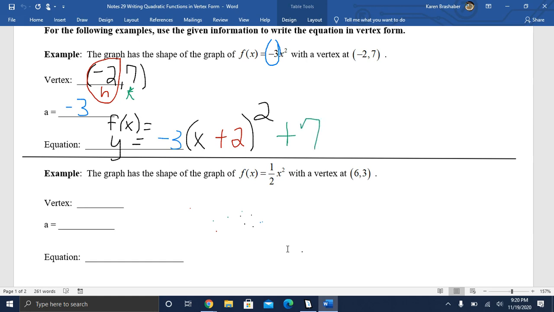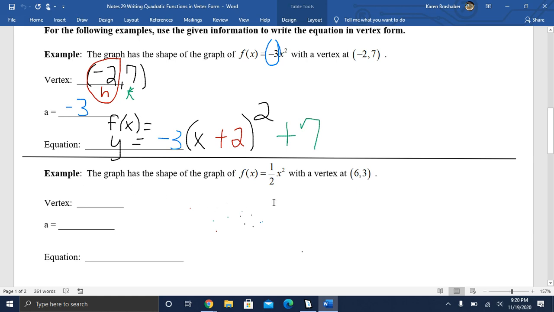And there's my equation of a graph that would have a vertex at -2, 7, and have -3, so that the shape would be down and narrow. So down because of this negative, narrow because it was a 3 as opposed to a fraction like 1/3.